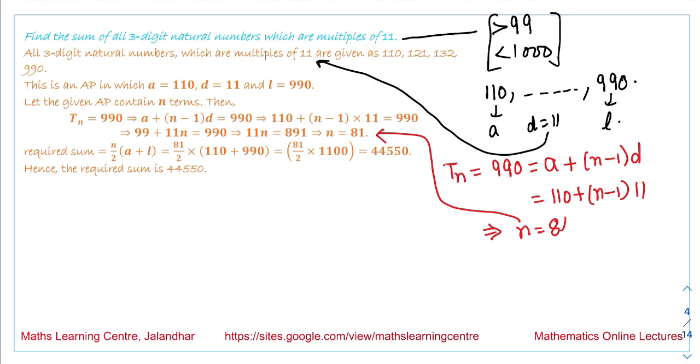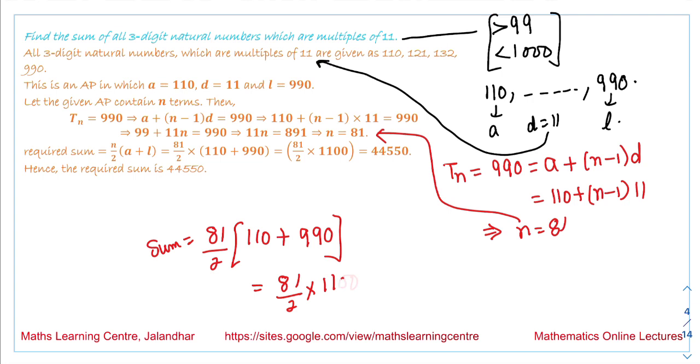So the required sum is 81 by 2 into (first term 110 plus last term 990). That is 81 by 2 into 1100, which is equal to 44,550.